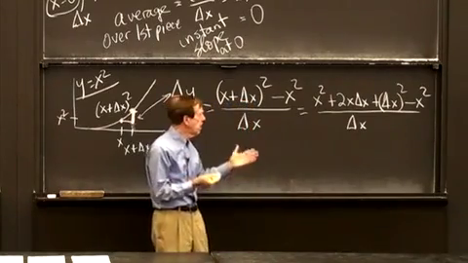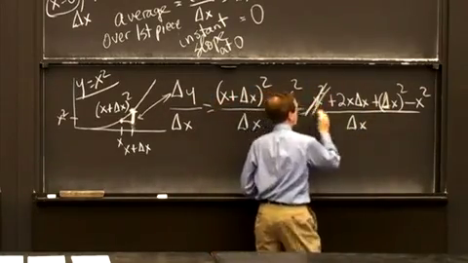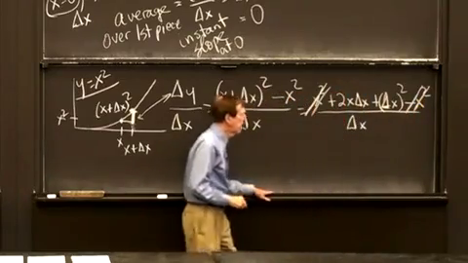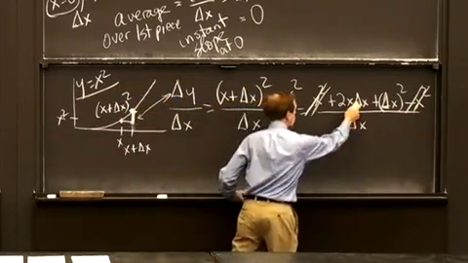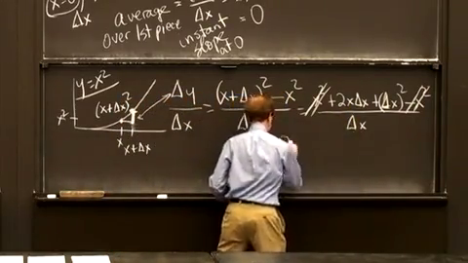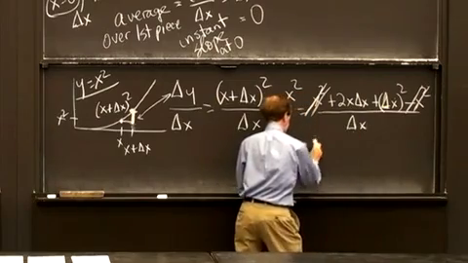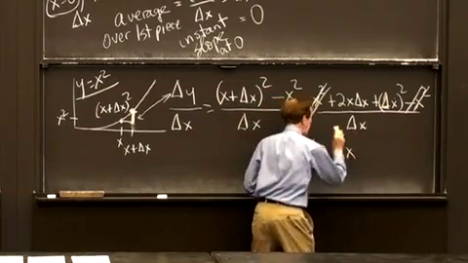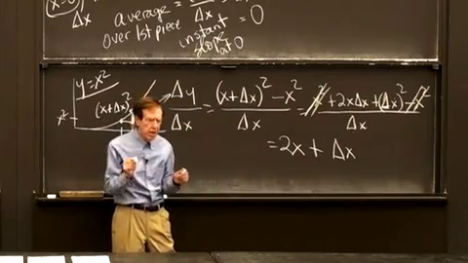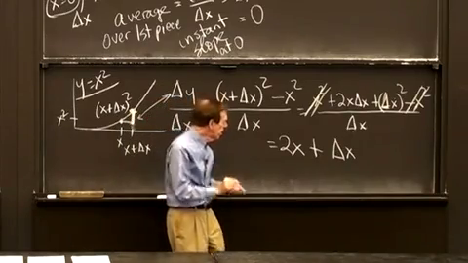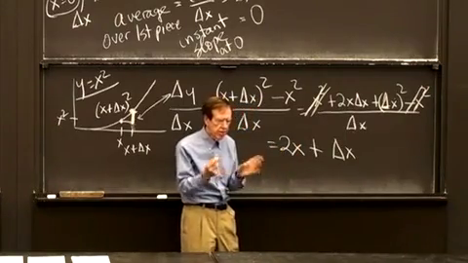I wrote it out because now I can simplify by canceling the x squared. I'm not surprised. Now in this case I can actually do the division. Delta x is just there, so it leaves me with a 2x. Delta x over delta x is 1. And then here's a delta x squared over a delta x, so that leaves me with 1 delta x. As you get the hang of calculus, you see the important thing is this first order, delta x to the first power.